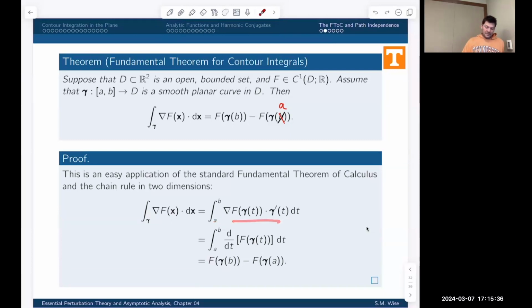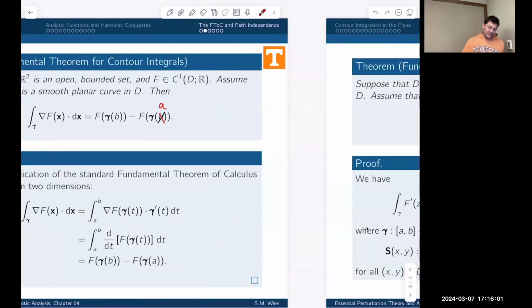This is just the perfect derivative with respect to t of f of gamma t. That's chain rule right there. But now this is a perfect derivative of f, and so we can integrate this exactly. And so we get f of gamma b minus f of gamma a. Okay? Fundamental theorem of calculus in the standard sense.